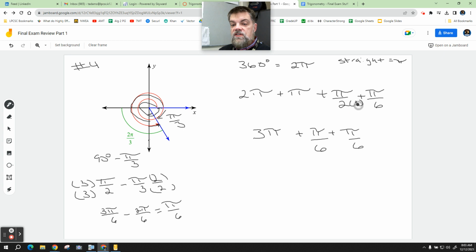So I'm just going to take this one and multiply it by 3 over 3. So I get 3 pi over 6. Does that make sense? I need a common denominator to add them up. So do you guys see how 3 pi over 6 is the same as pi over 2? So then I get 3 pi plus, this is 1 pi, so it'd be 4 pi over 6.